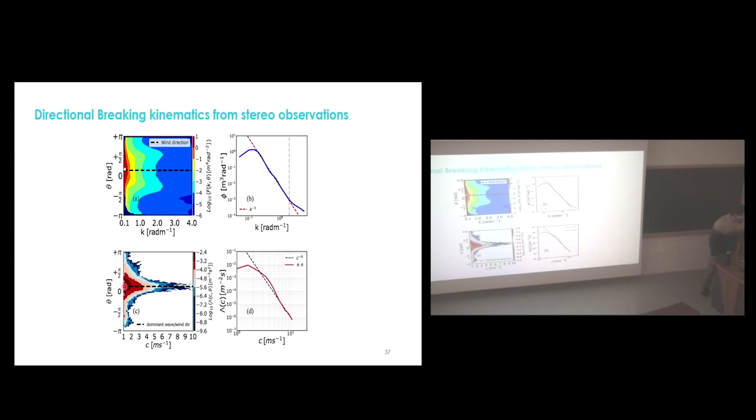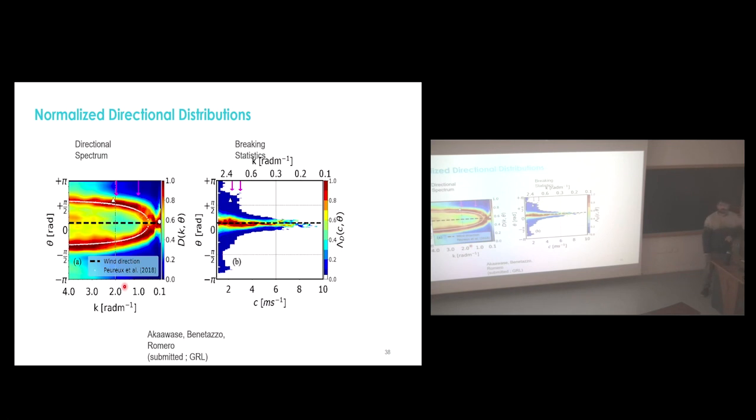Now, if you normalize those 2D distributions, the way we've been doing earlier in this talk, you get this extreme bimodality, as we said earlier, for the energy spectrum. This is rotated backwards. Low frequencies now are on the right. And on the left, we have the lambda of c, which is much, much narrower compared to the spectrum.